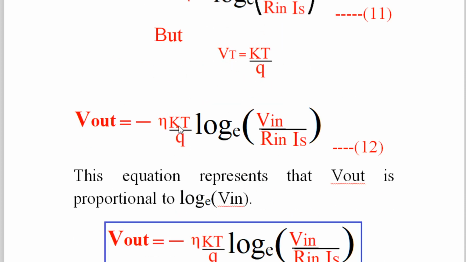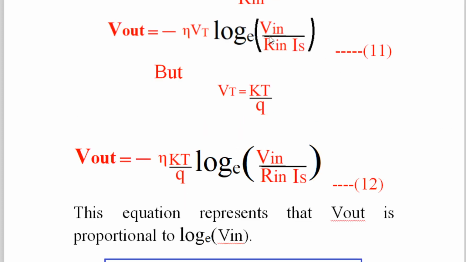So we have substituted here log to the base e V in upon R in into Is. For Vt, that is your thermal voltage, which depends on Boltzmann's constant, temperature surrounding the diode, and charge on the electron. So V out is equal to minus eta, instead of Vt, kT divided by q, log to the base e into bracket V in divided by R in Is, and this is the final equation.